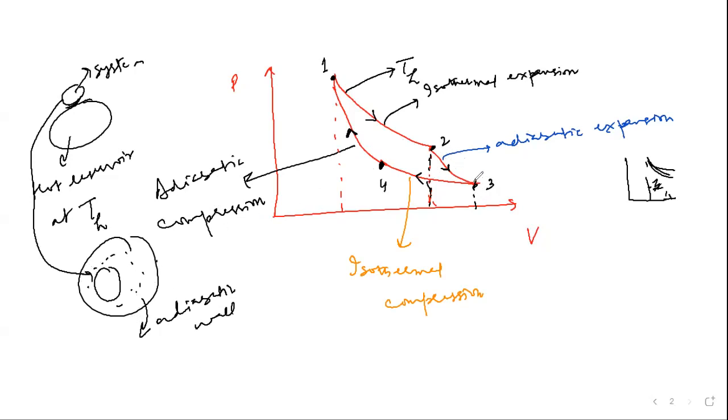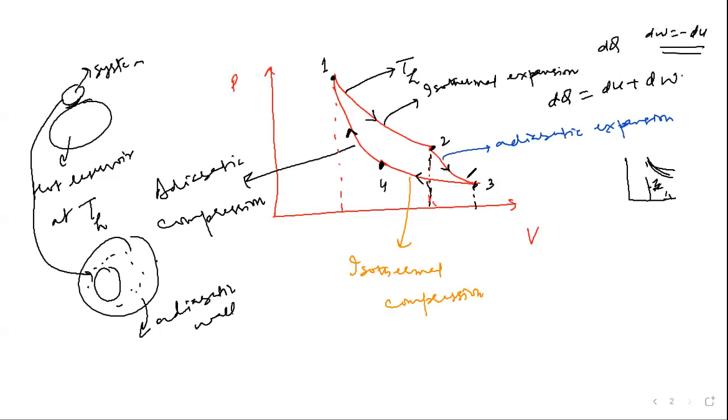Now, during this adiabatic expansion, I'm just reminding you, dq is equal to du plus dw. dq is 0, so dw is minus du.